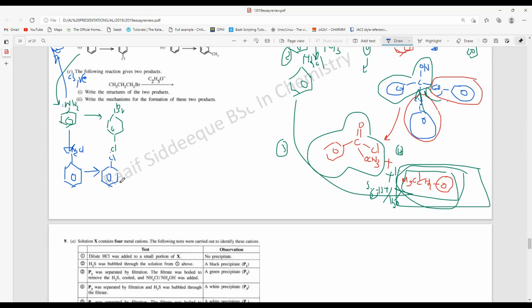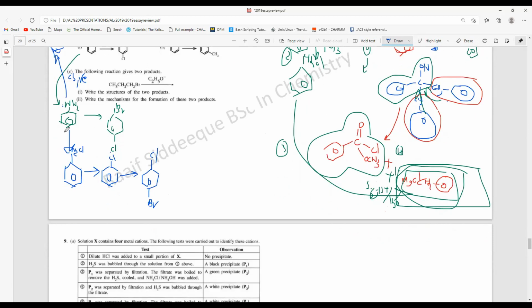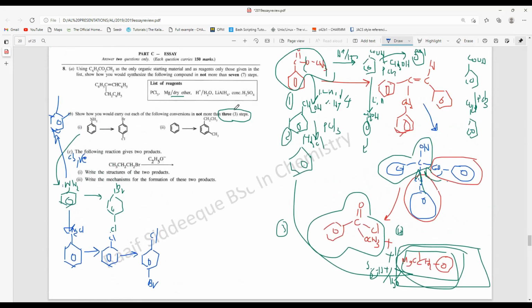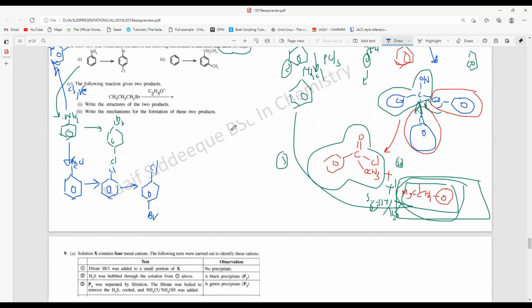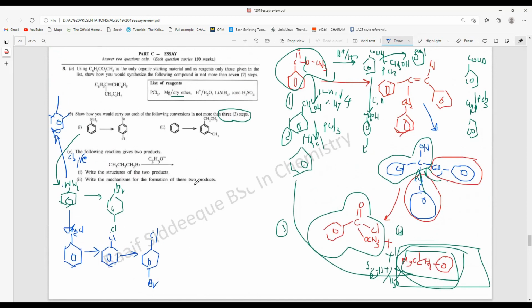Then when you have this one, you can get this one, Cl, Br. So how many steps? 1, 2, 3. Not more than 3. So just 3. Very easy. So don't forget, you cannot just add directly to the NH2 compound to get the chlorine product because it will give a tri-substituted product.